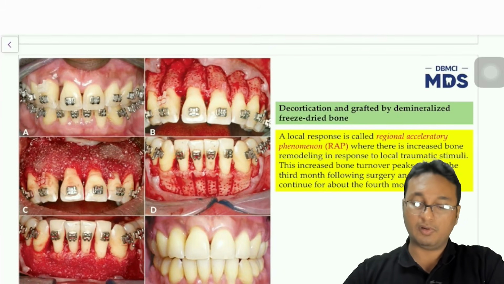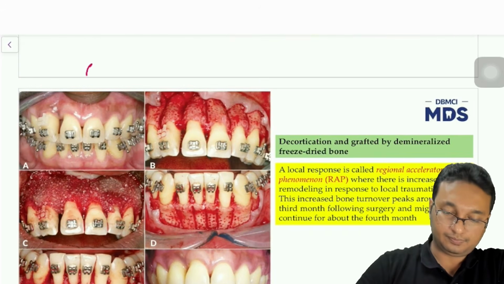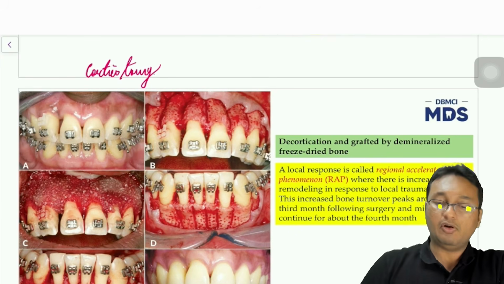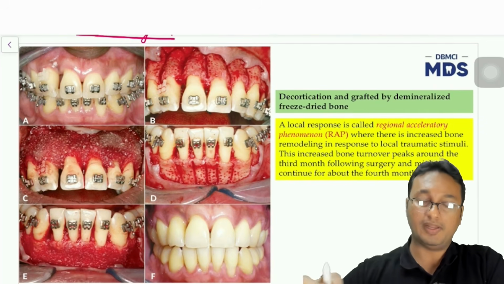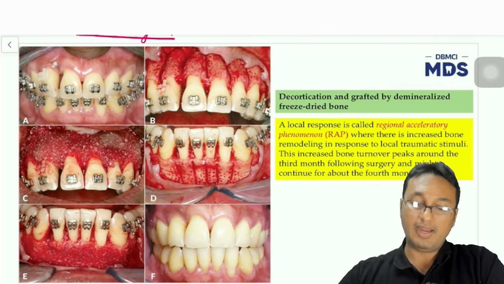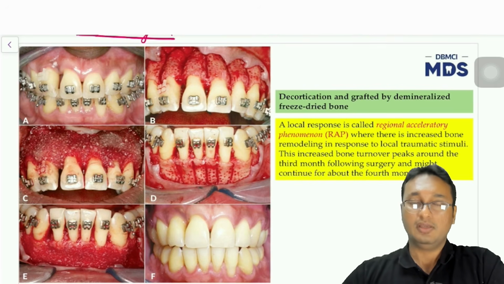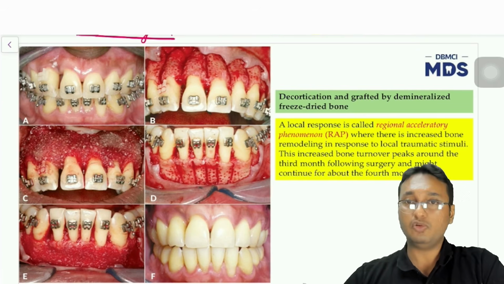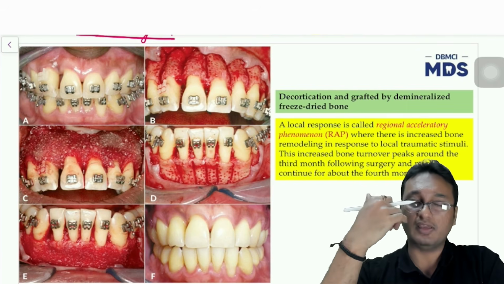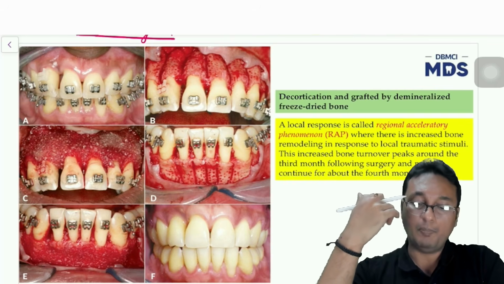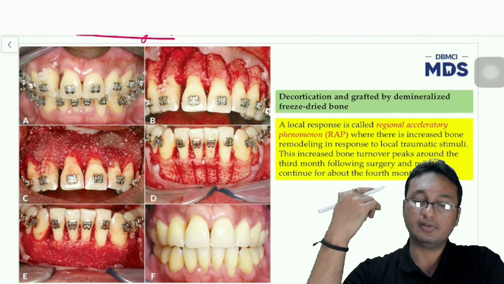This is an example of corticotomy. What are we doing in corticotomy? We have a patient in the very first figure on the top left side, who might be an adult patient in need of accelerating the tooth movement. So what do we do? We open the flap, we give a degloving incision, we expose the roots, right?